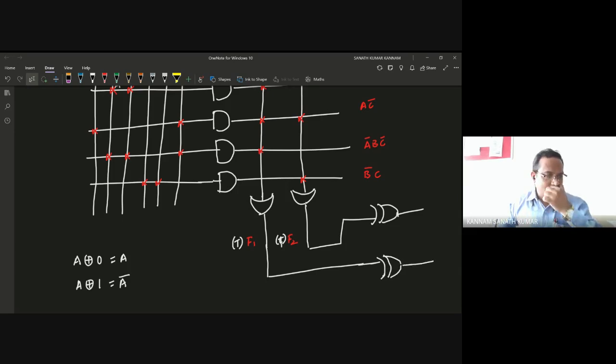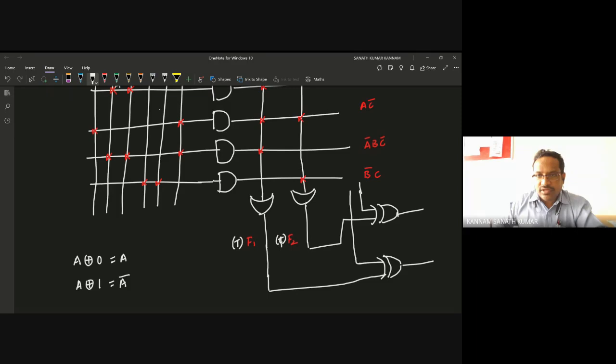After connecting, one more input is there, no? Here this is one more input, and here this is one more input.